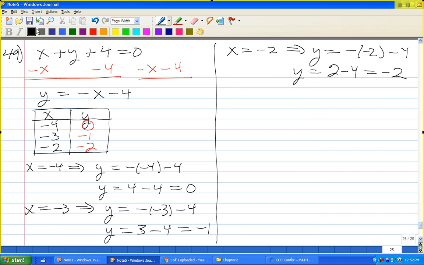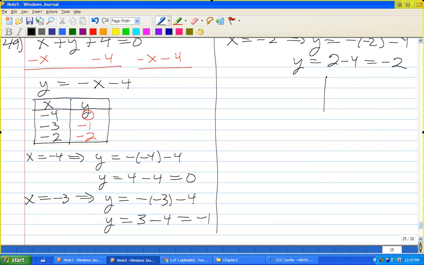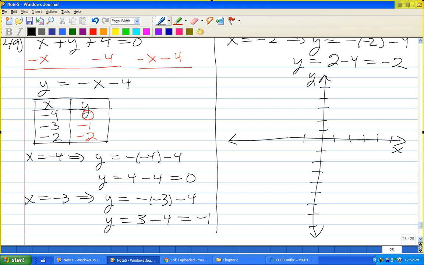So let's sketch this. Place all your tick marks. At negative 4, we're at 0. At negative 3, we're at negative 1.